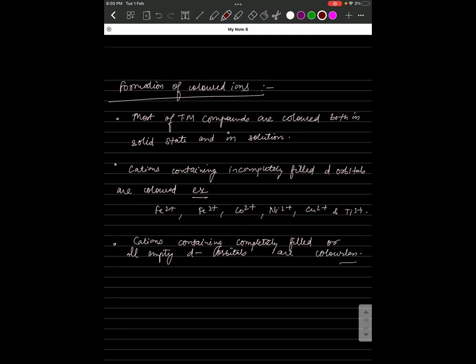That means the cations that have partially filled d orbitals are colored, and the cations that have completely filled d orbitals are colorless.